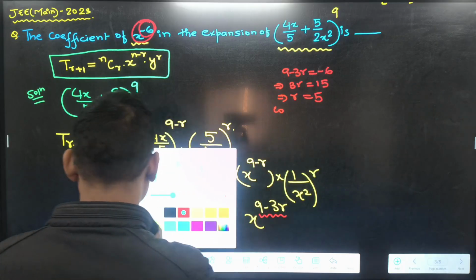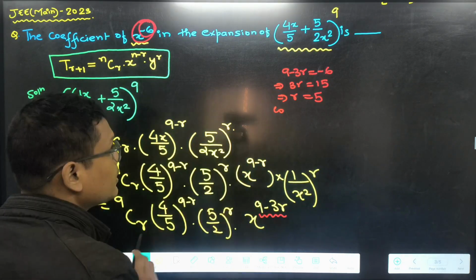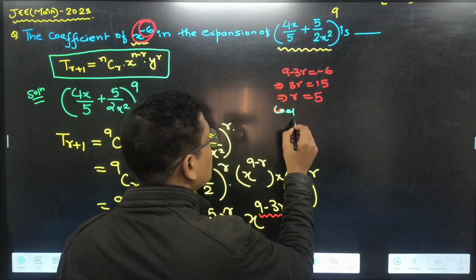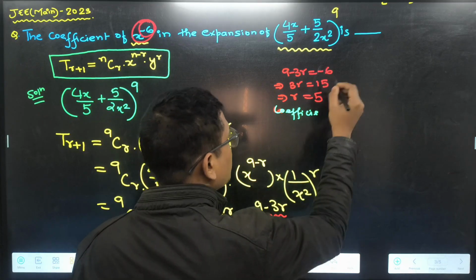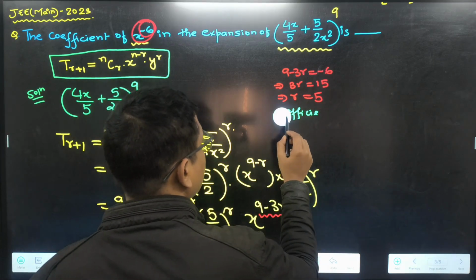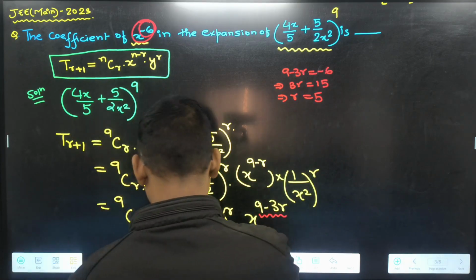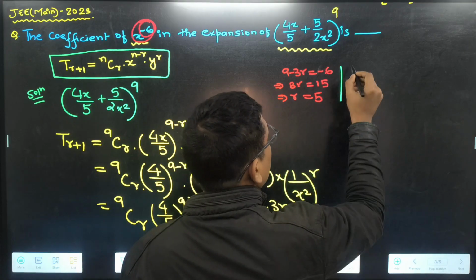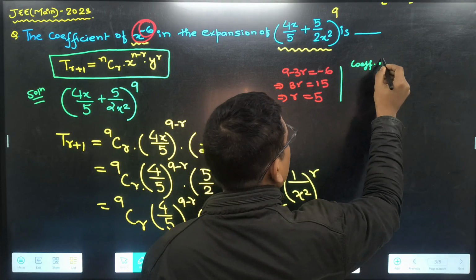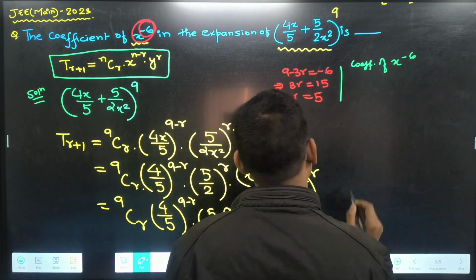So our coefficient, let's write that in the above portion. Coefficient of x to the power minus 6.